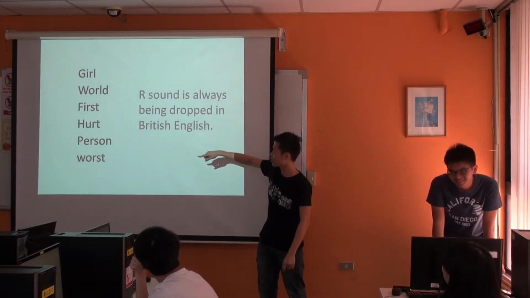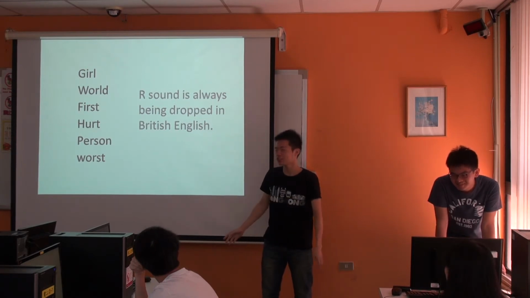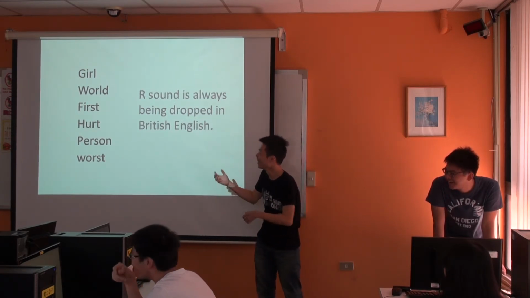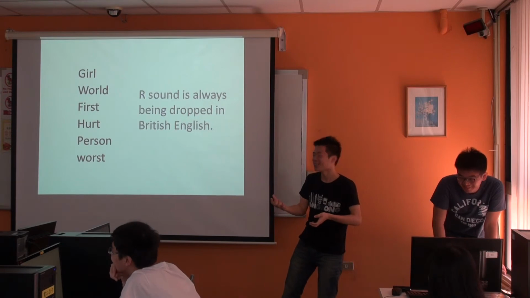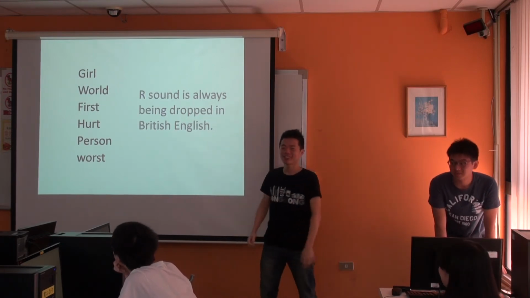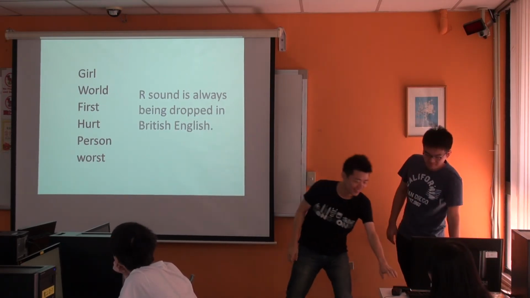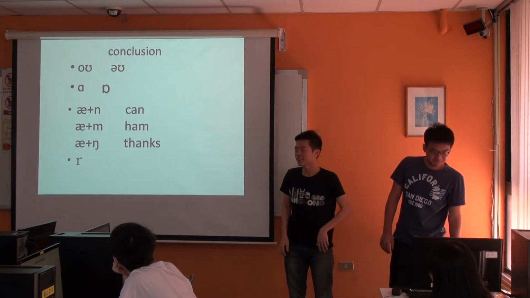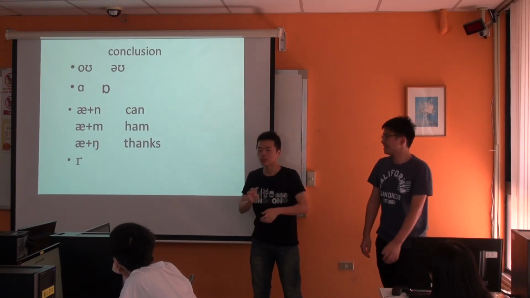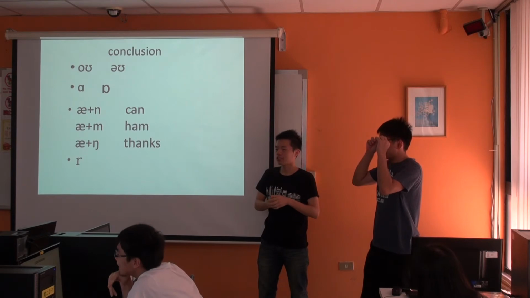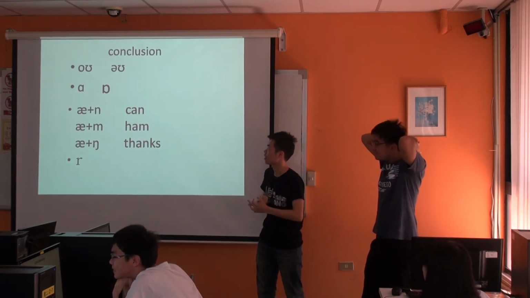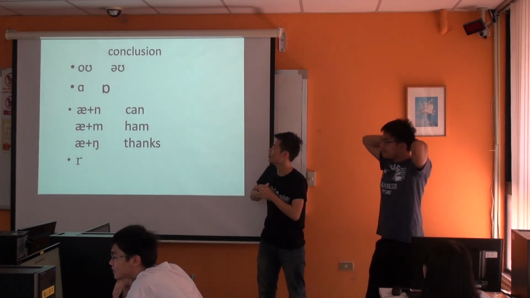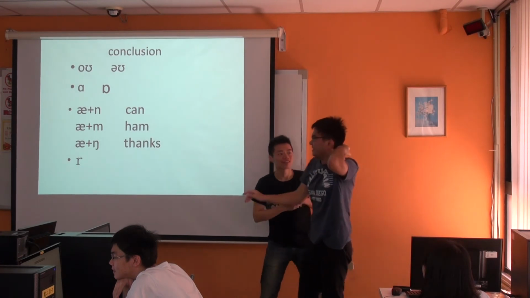The six words in this section, the R sound will be dropped in every word. So okay. And for our conclusion, there will be four differences in American and British pronunciation.